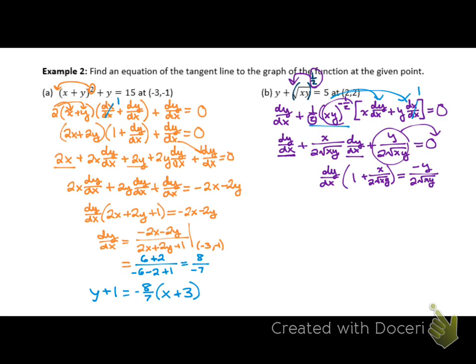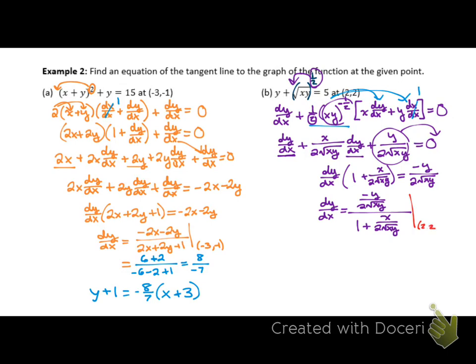I'm going to try to get dy/dx by itself. To do that, I'm going to divide. So again, ugly fraction, but it'll work. We have negative y over 2 root xy all over 1 plus x over 2 root xy. Okay, and we are evaluating that at 2, 2.